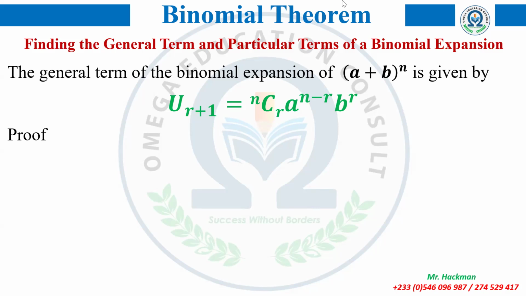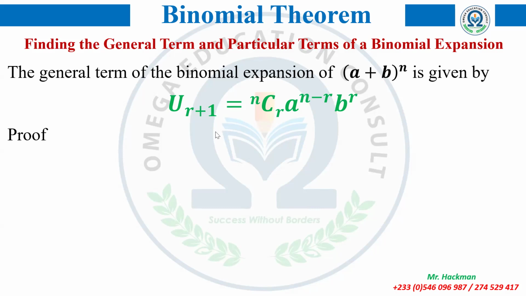As you have on your screens, we are looking at finding the general term and particular terms of a binomial expansion. The general term of the binomial expansion of (a + b)^n is given by this formula.